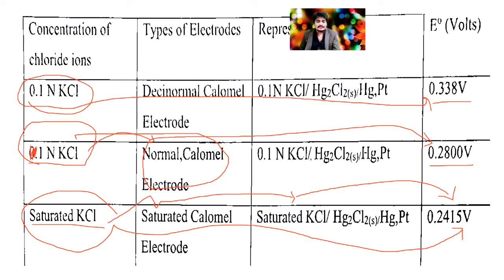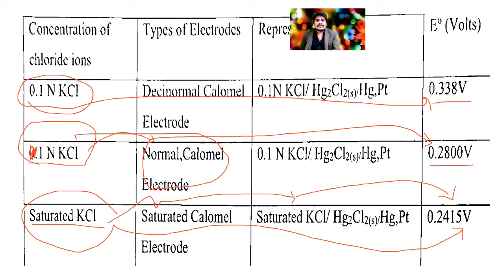After that, I explained the Nernst equation associated with the saturated calomel electrode by considering the overall reduction reaction, and with its help it is very clear that this calomel electrode absolutely depends upon the concentration of the chloride ions, and based upon that concentration, calomel electrodes are classified into three types: decinormal calomel electrode, normal calomel electrode, and saturated calomel electrode.